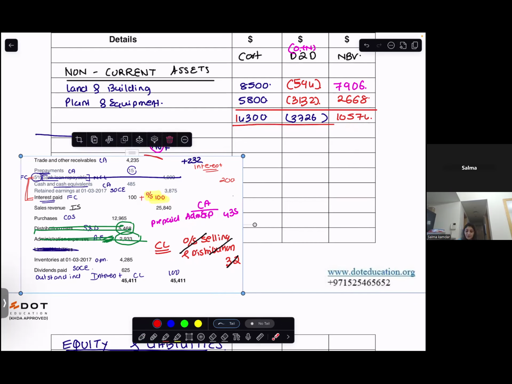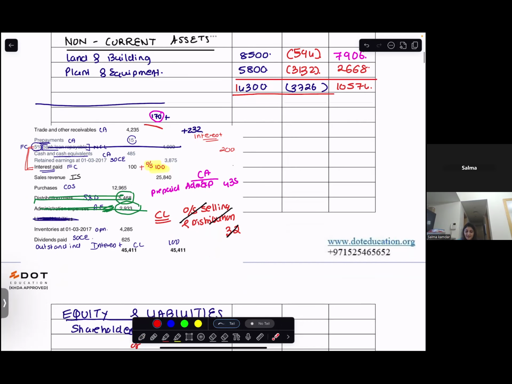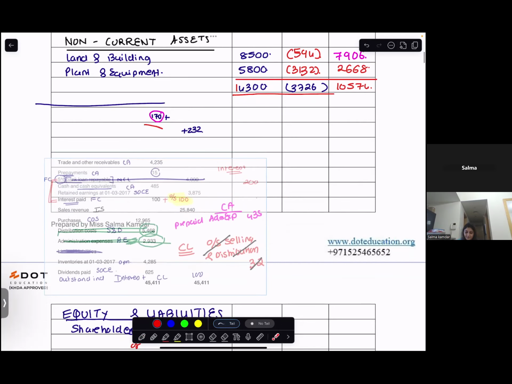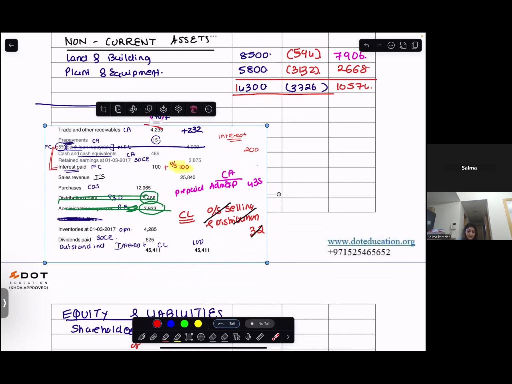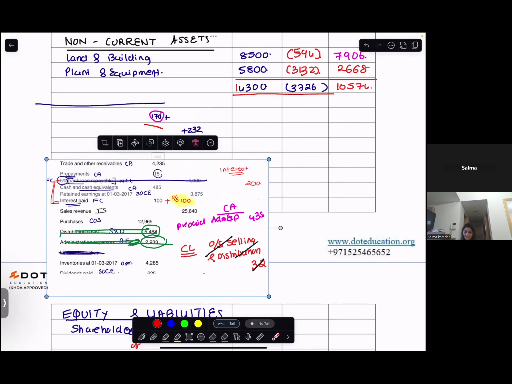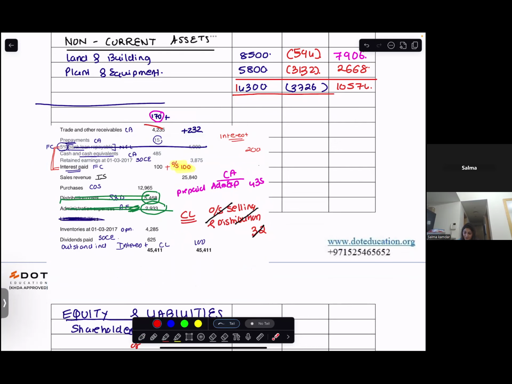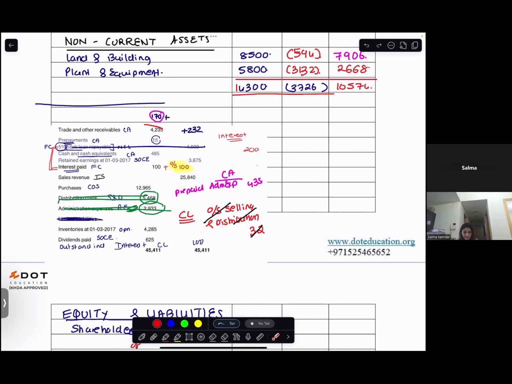Non-current assets is done. After that, what will I write? Current assets. Just merge in trade and other receivables, so the prepayments would be merged in. There was no other receivable, right? So outstanding interest is a current liability, and prepaid expenses, no other receivables.